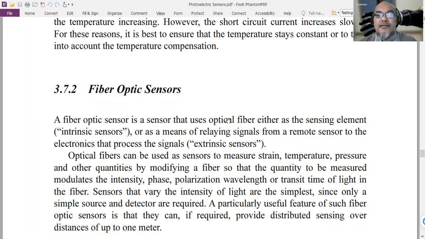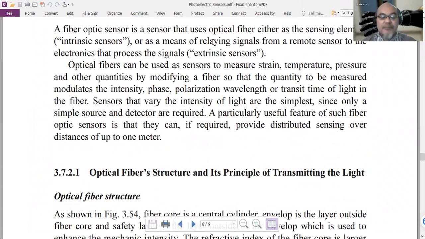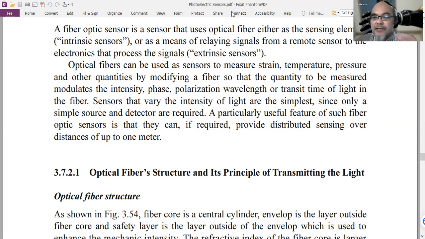It can be used either as a sensing element, as an intrinsic sensor, or as a means of relaying signal from a remote sensor to the electronics, in which case it is called an extrinsic sensor. How can it be used as an intrinsic sensor? Because how the light propagates inside the fiber optics depends on the strain, the bending angle, the strain along that fiber optics, as well as the temperature and pressure.